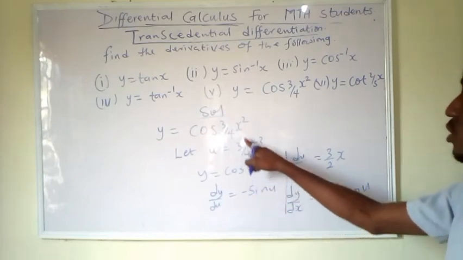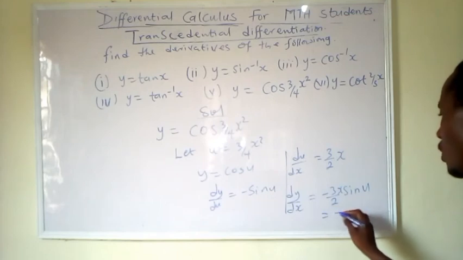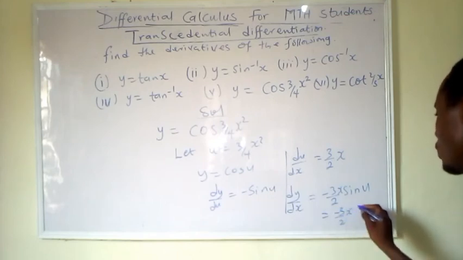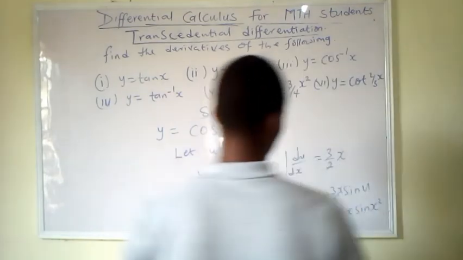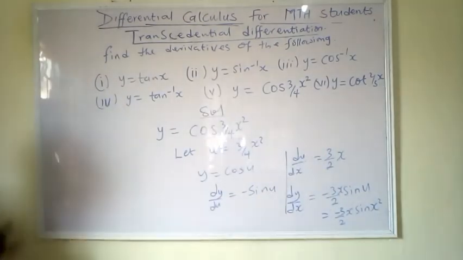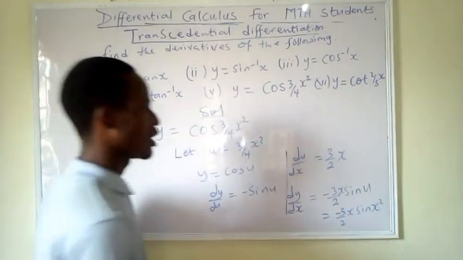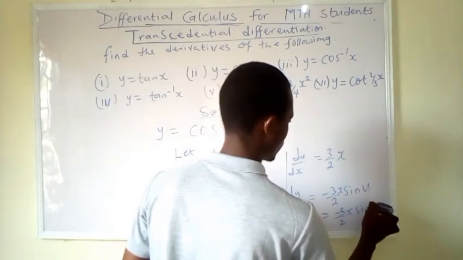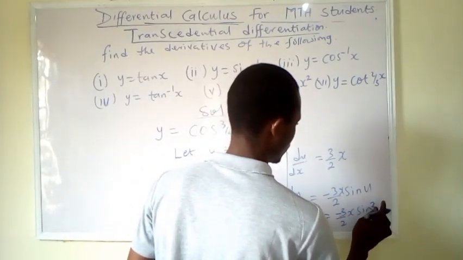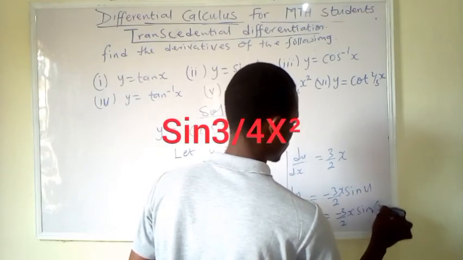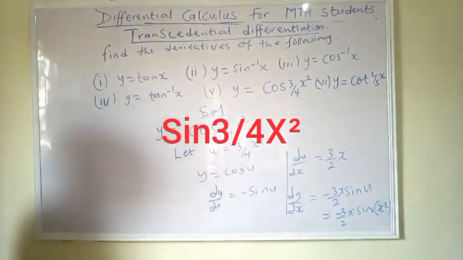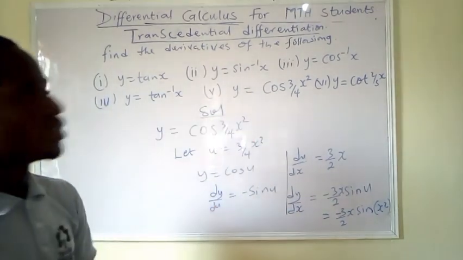And u becomes 3 all over 4x squared. So that gives us minus 3 all over 2x sine of x squared, or probably sine squared x, and that is sine x squared rather, in brackets. So that is for that.